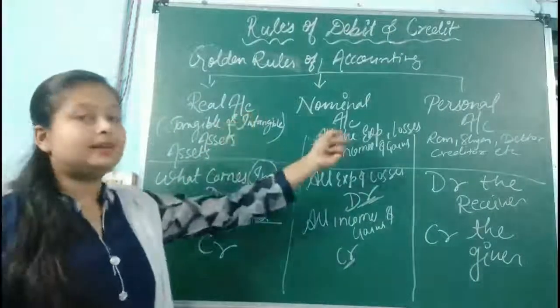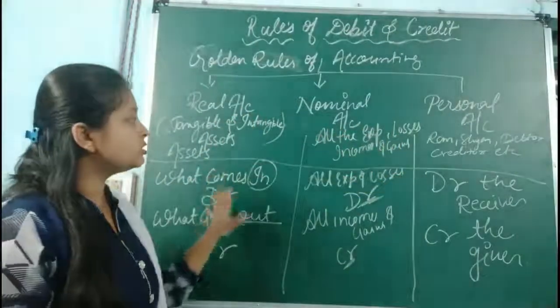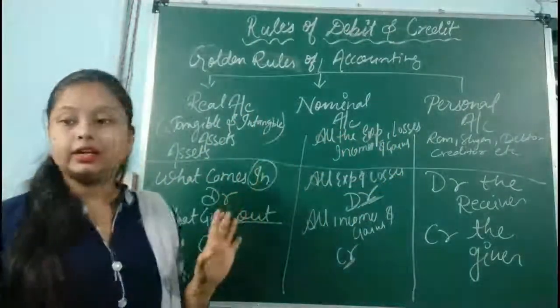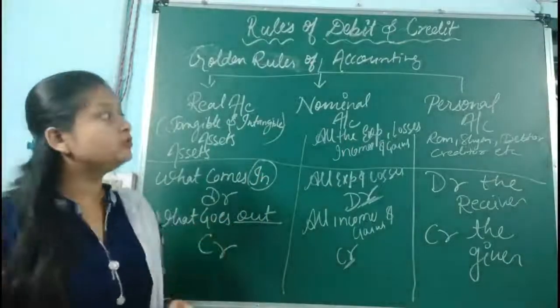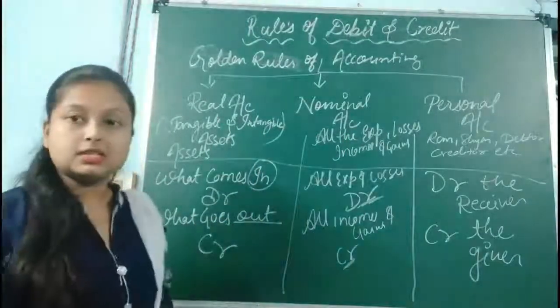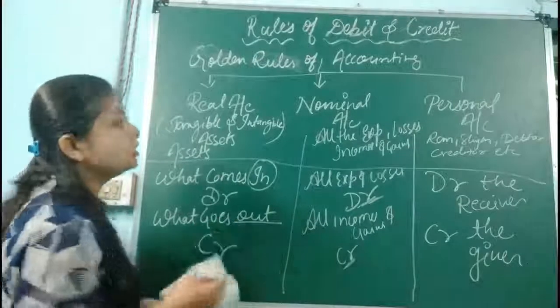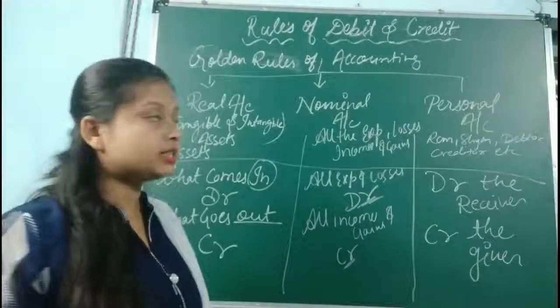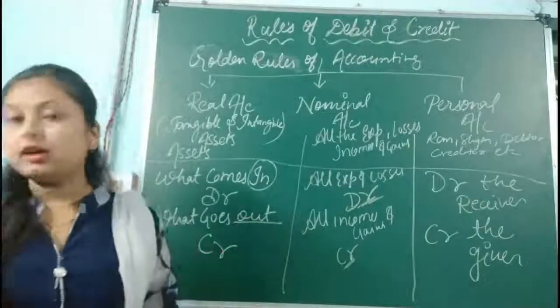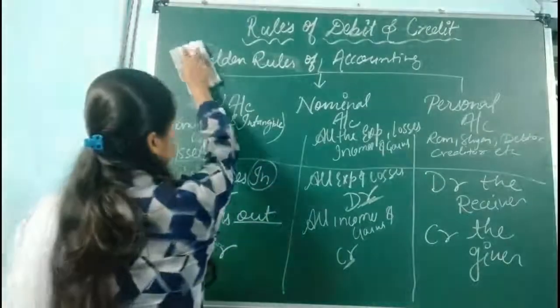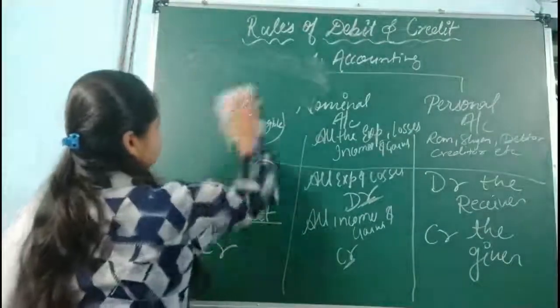Real account, nominal account, personal account. I just hope these rules are clear to everyone. Now we will move towards the modern concept of accounting. What does the modern concept of accounting say, and what is the rule for that? That we are going to discuss.